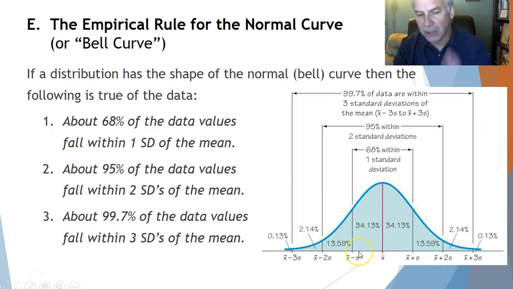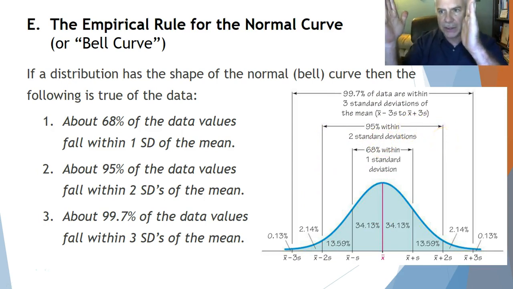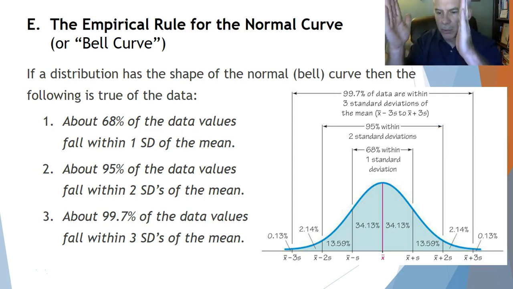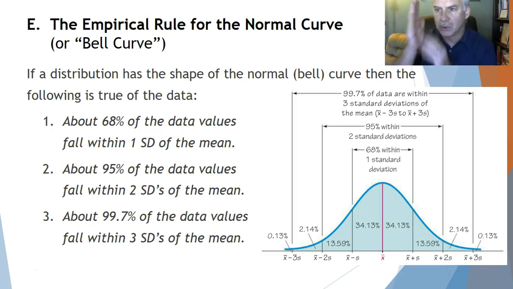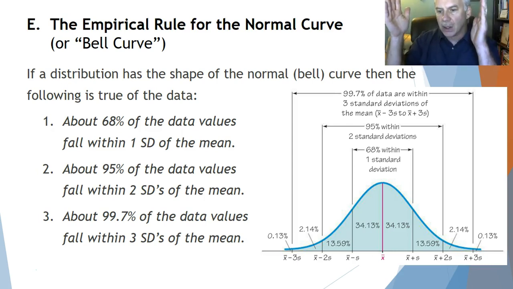Now, two standard deviations, rule number 2 says about 95% of the data values will fall within 2 standard deviations of the mean. That means if I go down 2 standard deviations and up 2 standard deviations and set my boundaries at those 2 points, then 95% of the scores will fall in between those values. Okay? So 2 standard deviations down and 2 standard deviations up from the mean, that will enclose 95% of the scores.